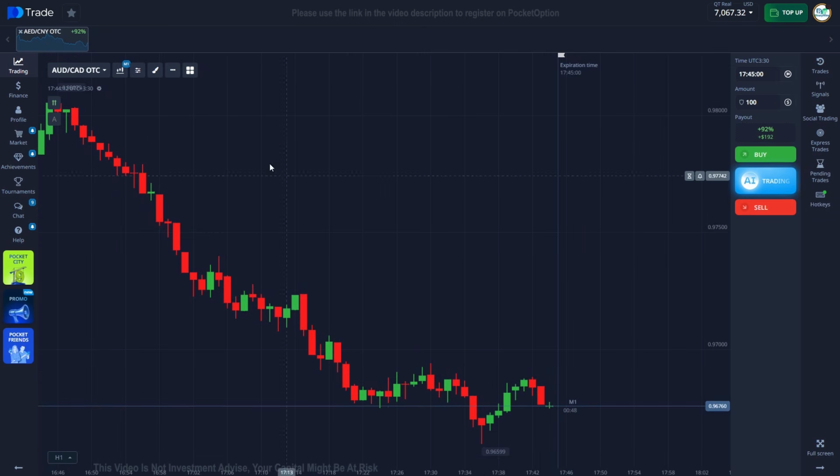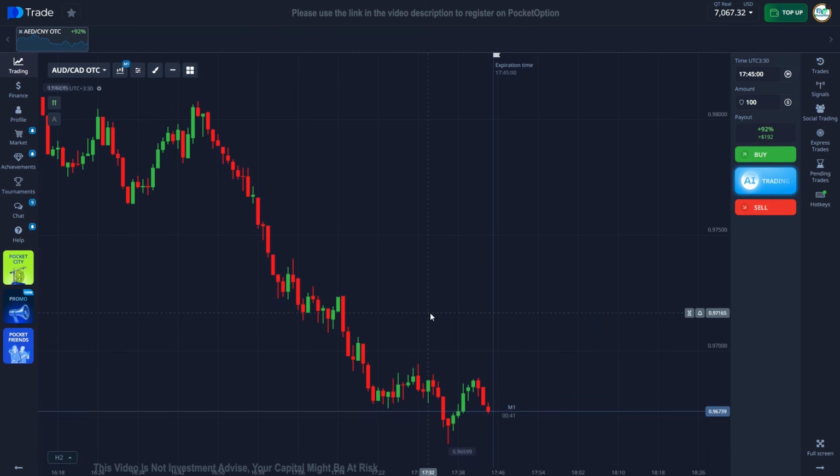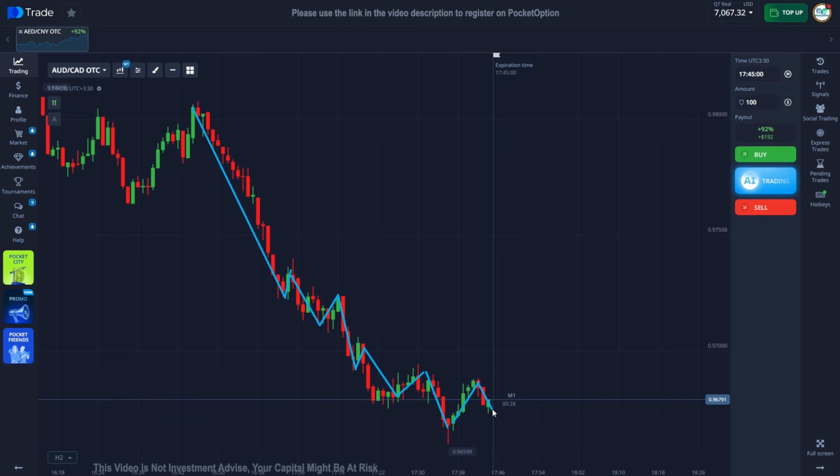Okay, we are on the AUD-CAD currency pair in the OTC market. As you can see, our trend is a strong downtrend. A golden area has formed here.